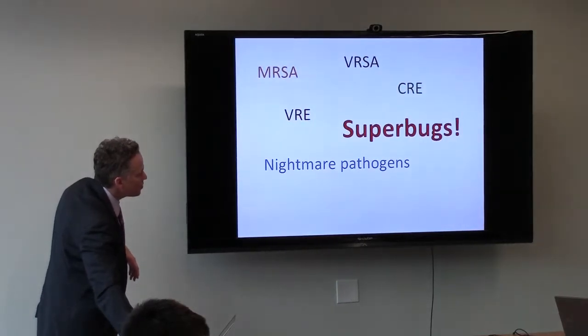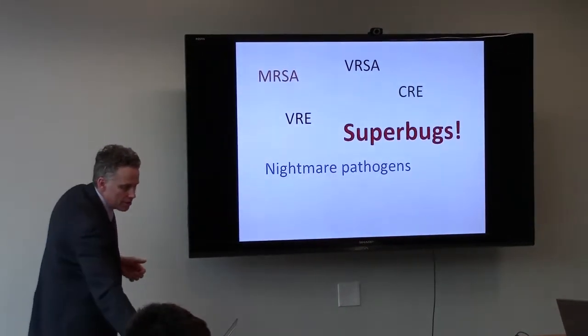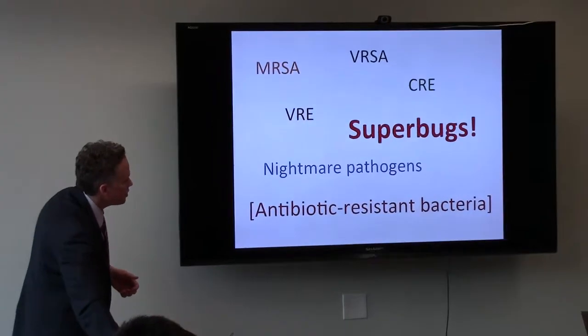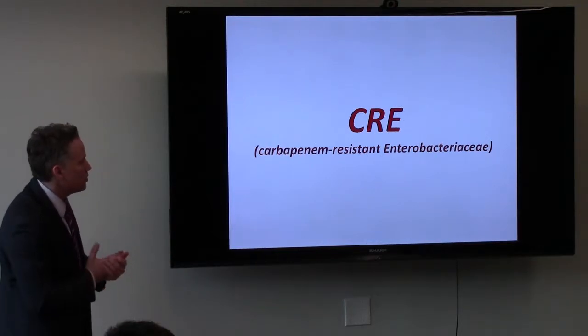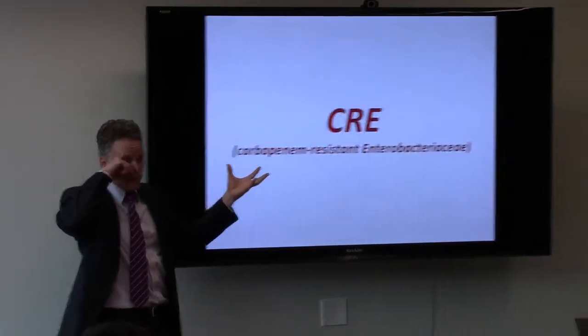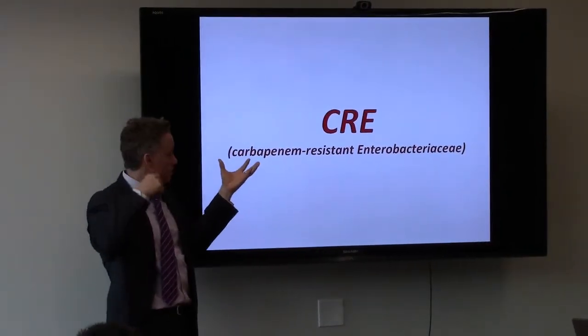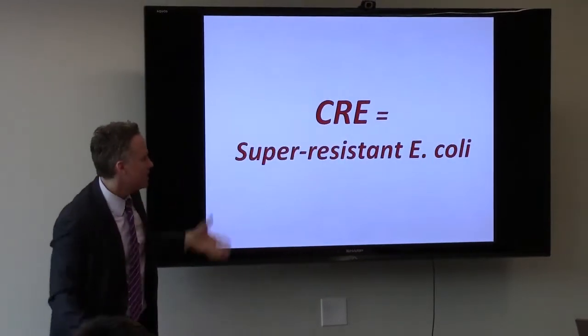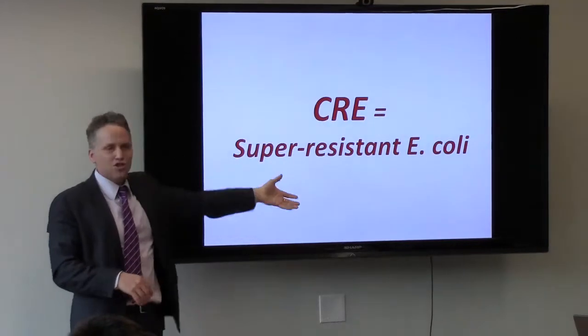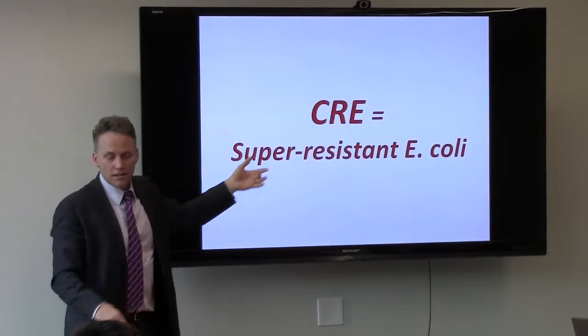I try to simplify terms. The other thing you can do is simplify terminology to help people understand. This is the nightmare superbug, CRE, carbapenem resistant Enterobacteriaceae. But then I'll help people understand, hey, that's just super resistant E. coli.